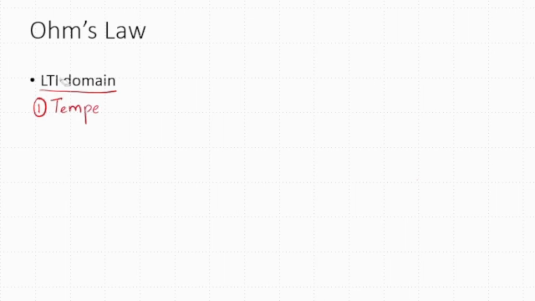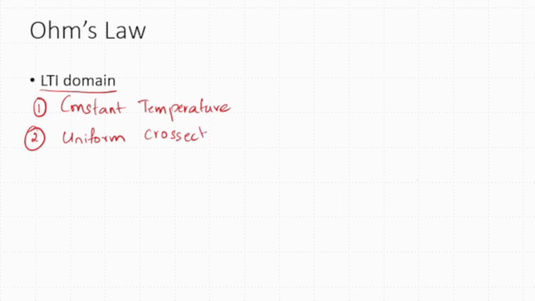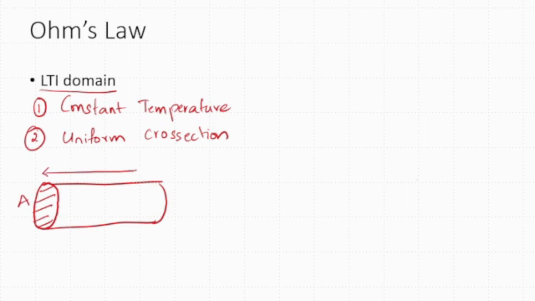So let's write it as constant temperature, and the second property is uniform cross section. సో ఈ రెండు ప్రాపర్టీస్ తో మనం ఒక కండక్టర్ ని తీసుకున్నాం with a cross sectional area of A and the length to be L.